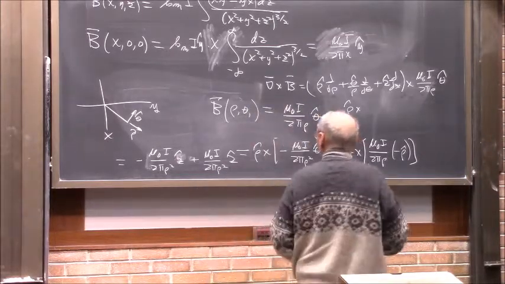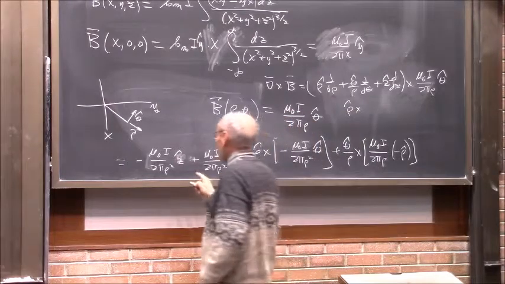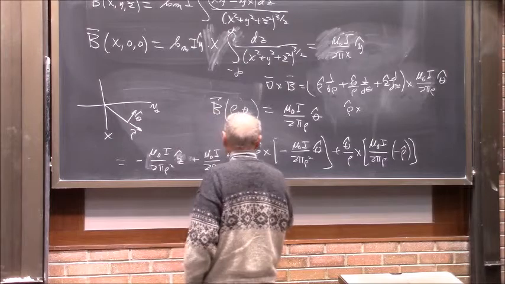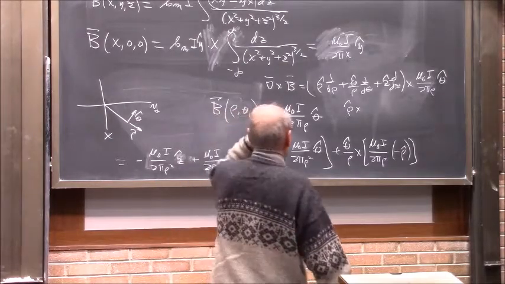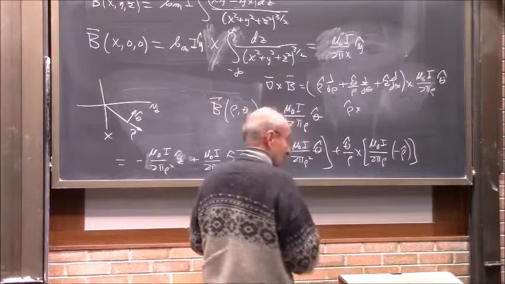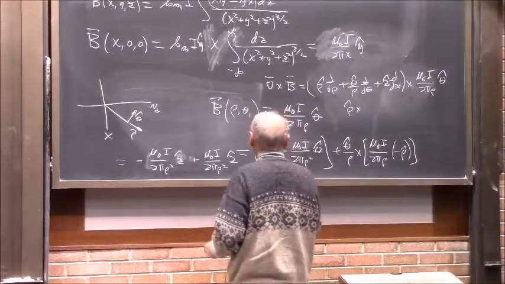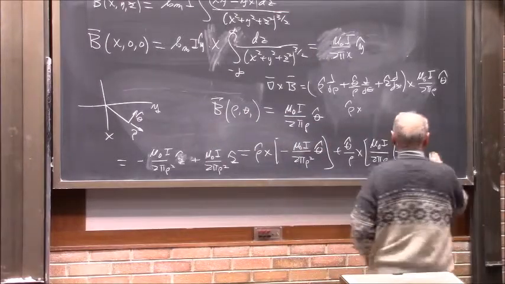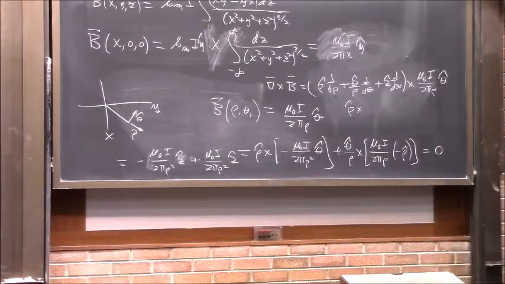Okay, so what I got from this was that the curl of B was equal to 0. So in general, this thing is 0, no mistakes. But there's one place where that calculation is wrong, and that is the calculation at the point rho equals 0, because at rho equals 0, we've got a singularity in here.